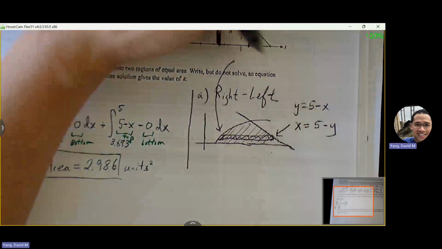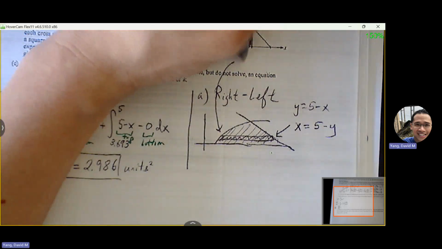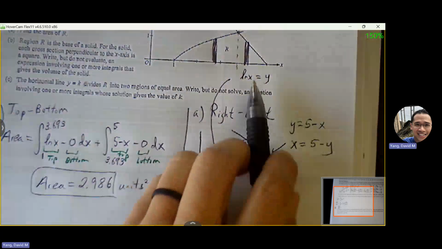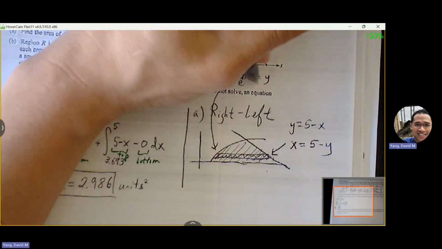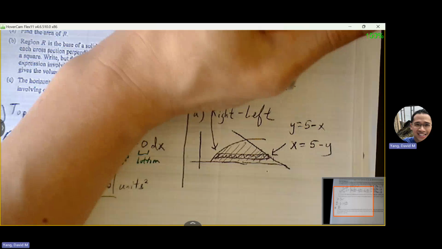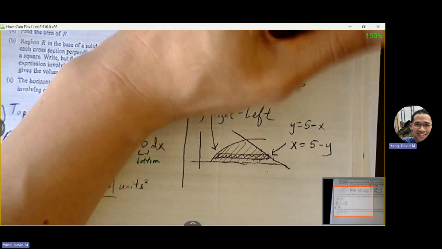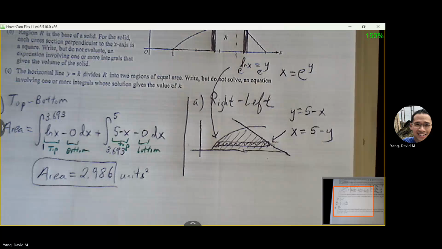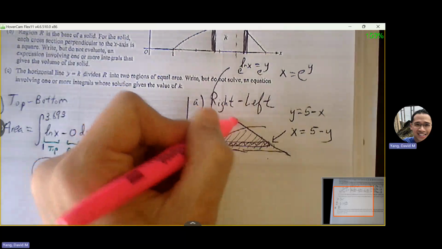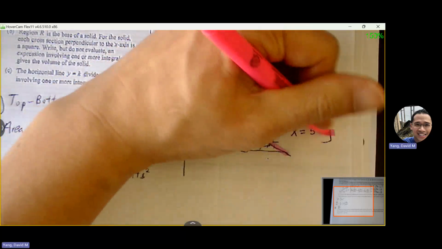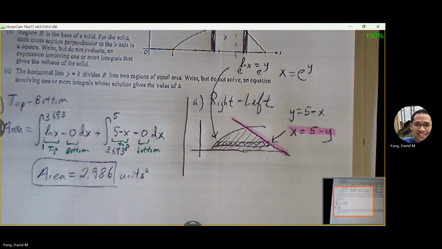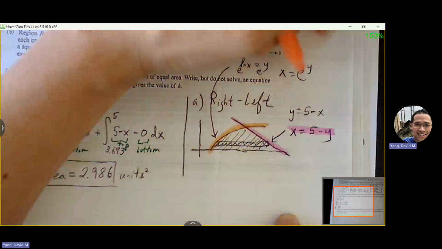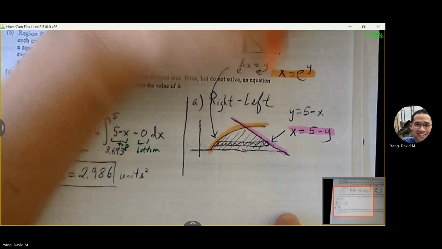And for the natural log of x, I can exponentiate both sides. If I want to solve for x, I raise both sides with e as the base. And so x is equal to e to the y. So my linear graph is x equals 5 minus y, and my natural log graph is x equals e to the y.